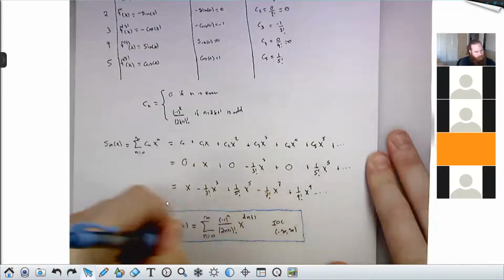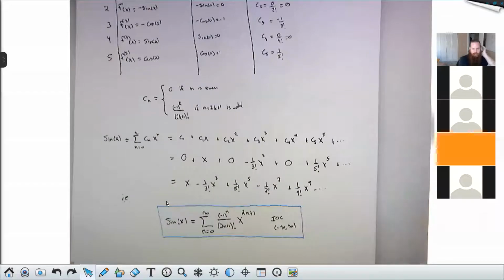So if you had a hard time following this last time, or if your class didn't get to see this last time, this is the power series, the Maclaurin series, for sine of x. You kind of take the odd part of the e to the x series and then make it alternate. There's a reason for that.